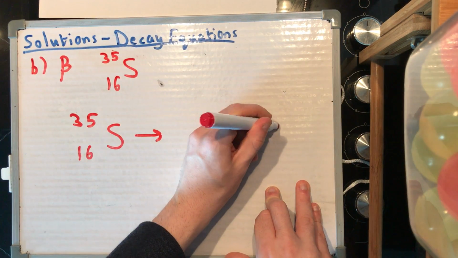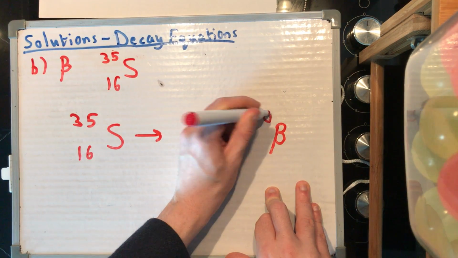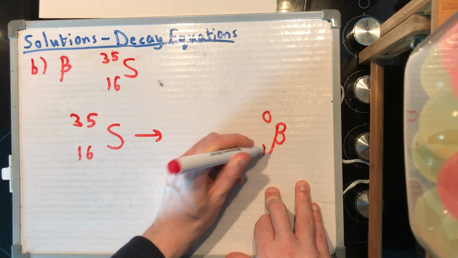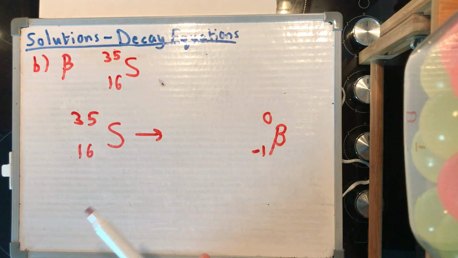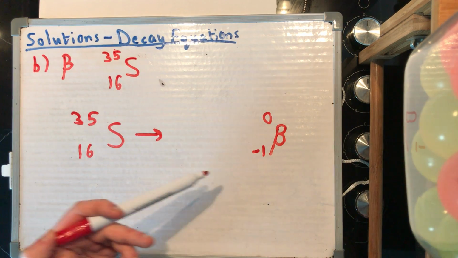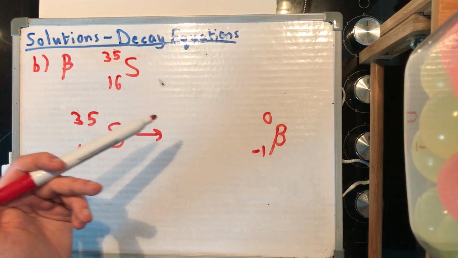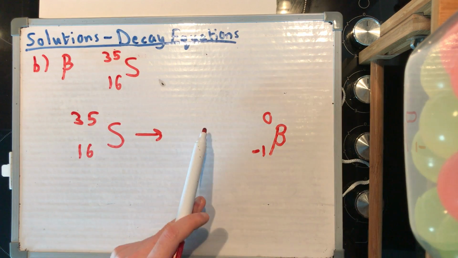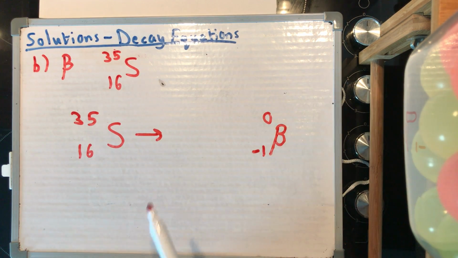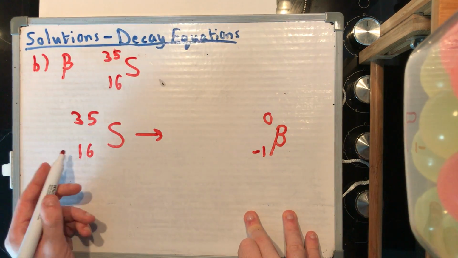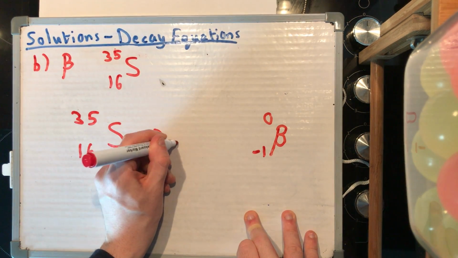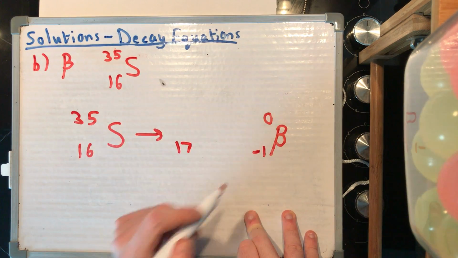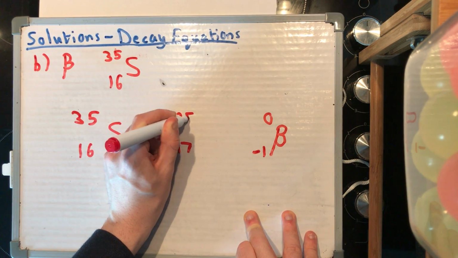So we know we have a beta particle, and that has an atomic mass of 0 and an atomic number, air quote, of -1. It doesn't actually have -1 proton. It is an electron. So because of the change in the decay from a neutron to a proton, we have that -1 to keep things conserved. So 16 take away -1 is the same as 16 add 1, makes 17. 35 take 0 is still 35.